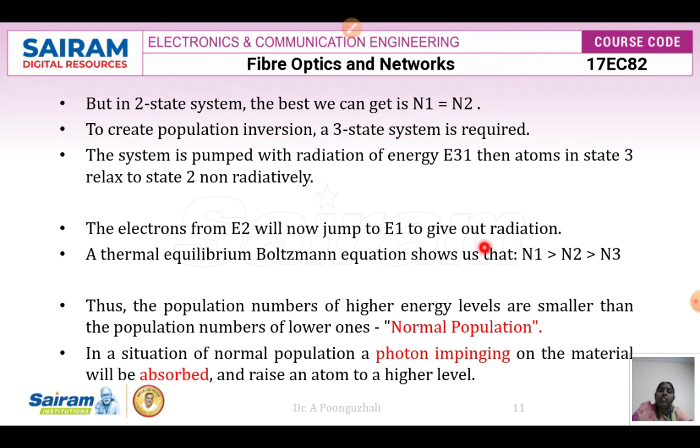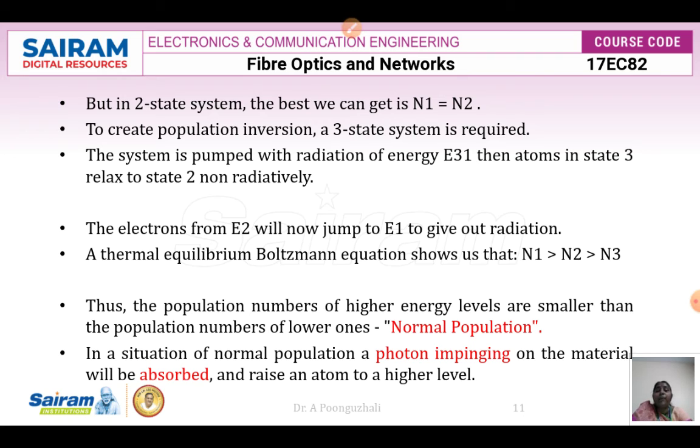The electrons from E2 then jump to E1 to give out the radiation. In thermal equilibrium, given by Boltzmann's equation, N1 is greater than N2, which is greater than N3. The number of atoms in the lower energy state is more than in the middle state, followed by the higher state.